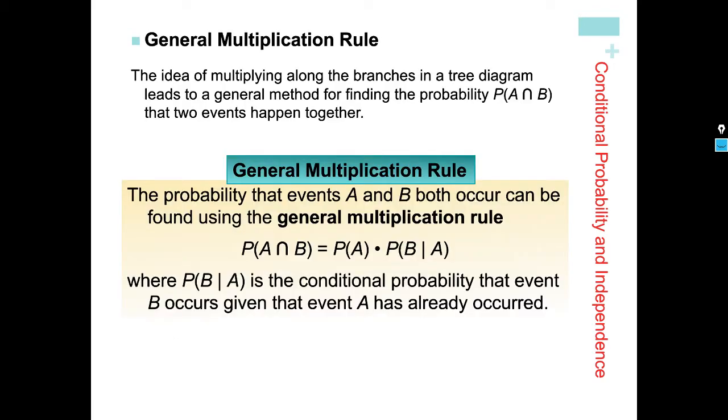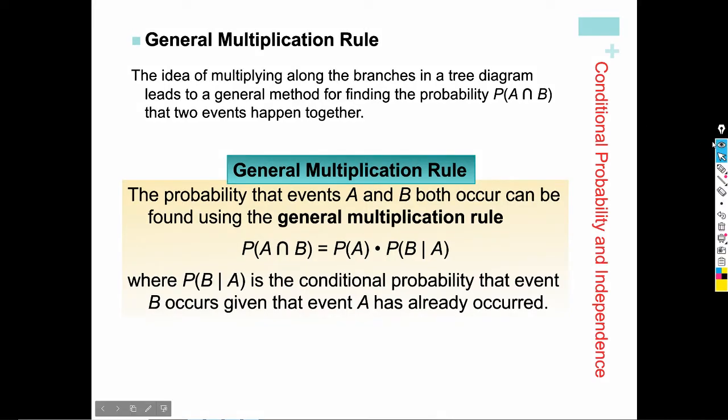So jumping around a little bit here, we can get a general multiplication rule from this, which is that if I want to find the probability that two things happened at the same time, right? If I state this out into words instead of notation, it's going to make a lot more sense. So the probability that two things happen together, well, the first thing I need is for A to happen.